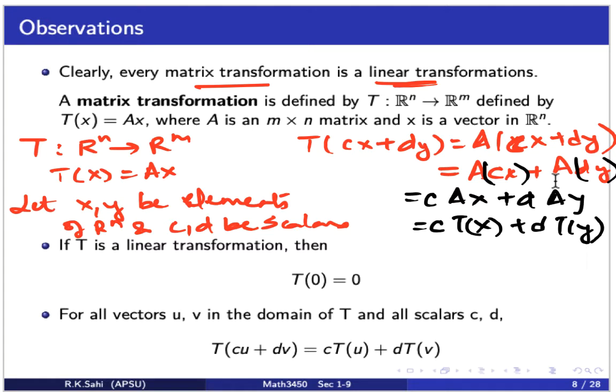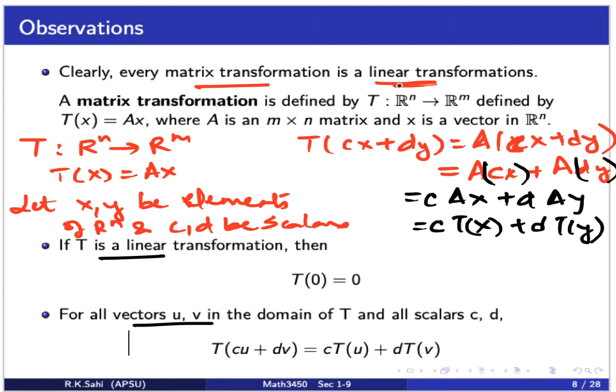And we have basically proved that every matrix transformation is a linear transformation, because of the properties of matrices. A very important fact: if T is a linear transformation, then T maps the 0 element to the 0 element. And for every vector u and v in the domain of T, T of cu plus dv is c times T(u) plus d times T(v). And that's what helped us to prove that every matrix transformation is a linear transformation.